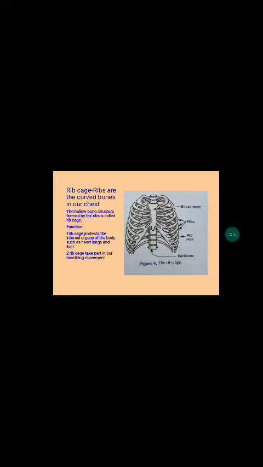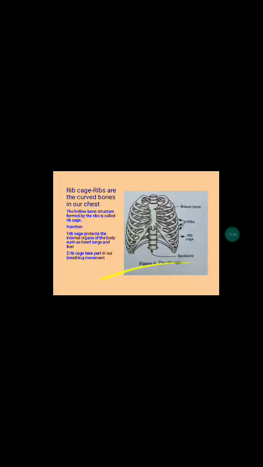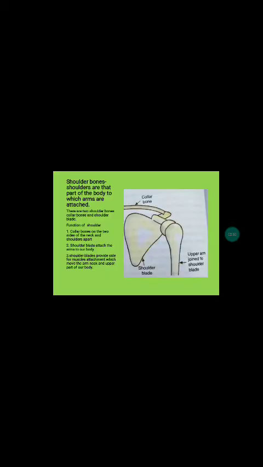And what is the function of rib cage? ये internal organs like heart, lungs, liver, इन सबको protect करने में काम आता है. So it helps to protect the lungs, liver and heart. It also takes part in the breathing movement. When we breathe, our lungs expand, so it helps in our breathing movement.